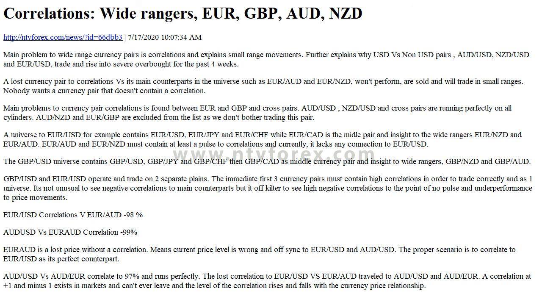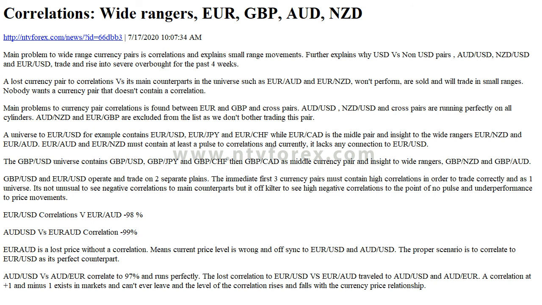GBP-AUD. GBP-USD versus GBP-AUD correlation 48%. AUD-USD versus GBP-AUD 96%. GBP-AUD is better correlated to AUD-USD but again explains small range movements. EUR-NZD. EUR-USD versus EUR-NZD correlation 85%. NZD-USD versus EUR-NZD 96%.